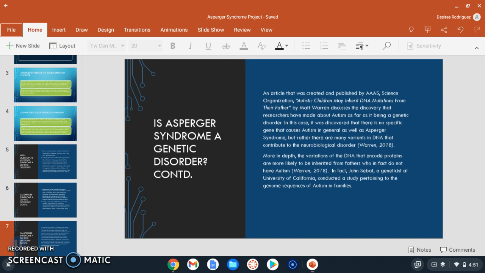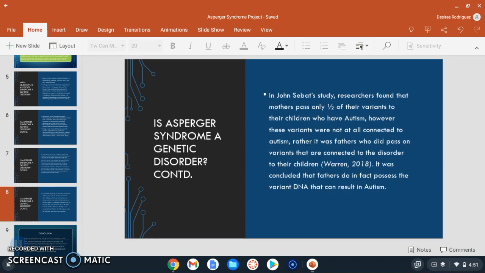John Sabat, a geneticist at the University of California, conducted a study pertaining to the genome sequences of autism in families. It was found in his study that mothers pass only 50% of their variants to their children who do have autism. However, those variants that are passed from mother to child have no association with autism at all.